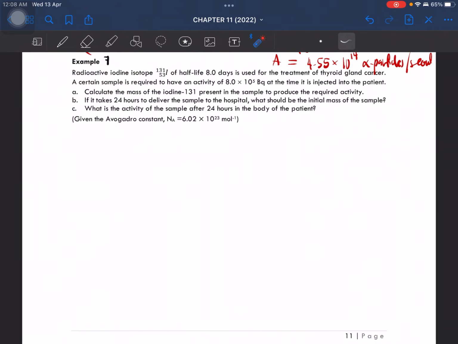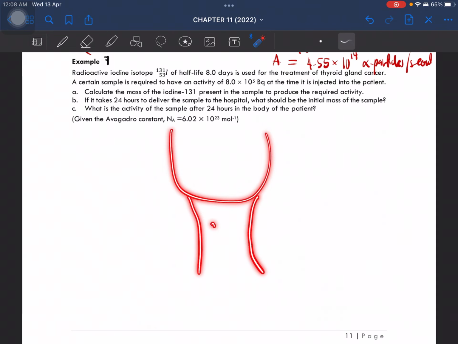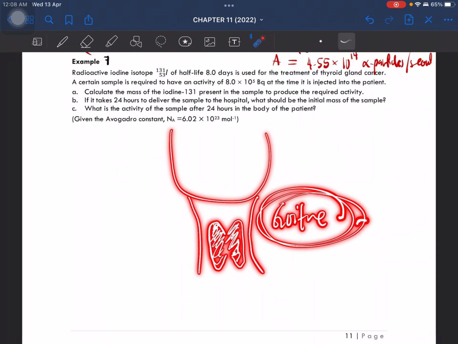your thyroid gland. If you don't know what the thyroid gland is, this is your face, this is your neck. We have something that feels like a butterfly, that is your thyroid gland. If you are able to see, my thyroid gland is actually a goiter. Goiter is a medical term which tells you that your gland is swollen.